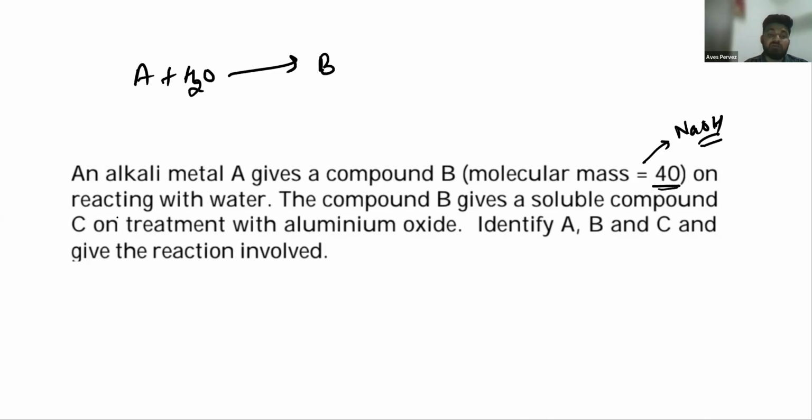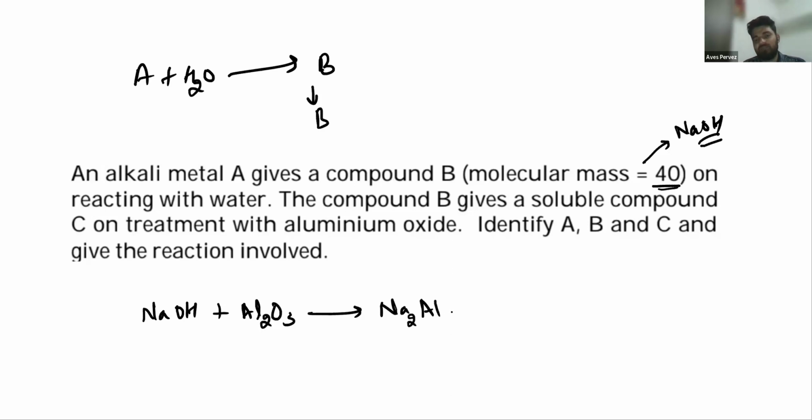Compound B gives a soluble compound C on treatment with aluminum oxide. So it is important that when this compound B, NaOH, is treated with aluminum oxide, sodium aluminate will be formed.